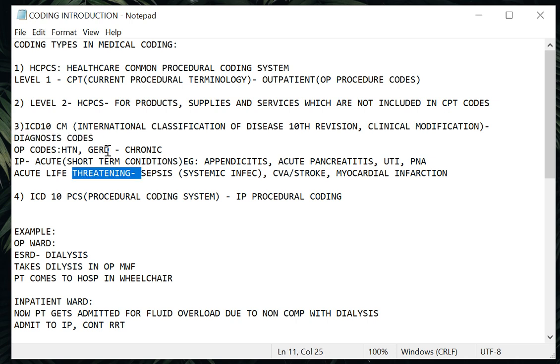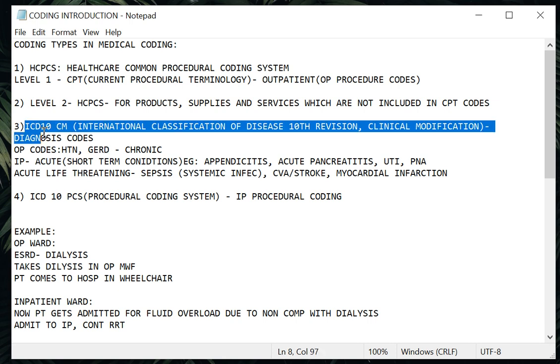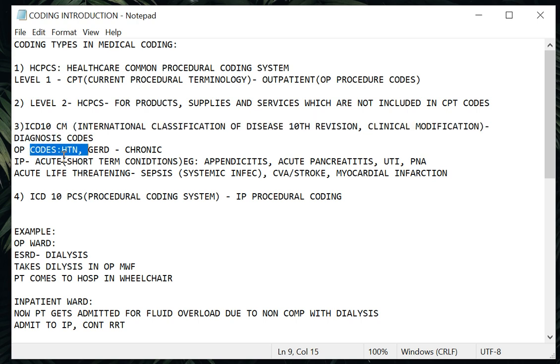So let it be inpatient or outpatient, when a patient has a condition, only then will he come to the hospital, right? So this ICD-10-CM is useful in both IP and OP. Okay, so what are the diseases we'll see in OP? Basically, if the patient is having a chronic condition.